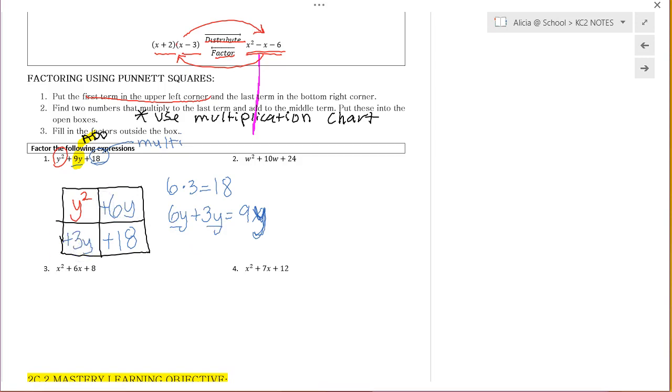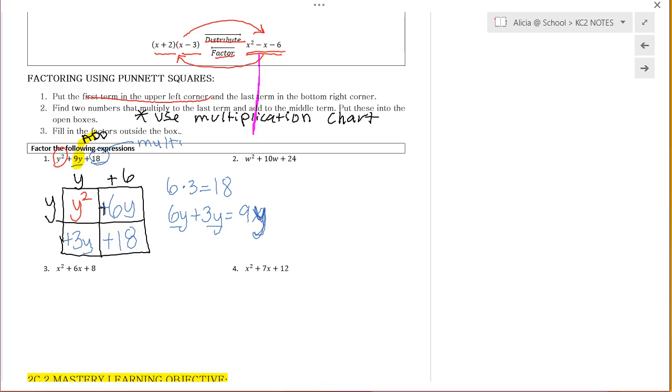Now I want to go backwards and figure out what the sides of my Punnett square box are. How did I get this y squared? That would be y times y. How did I get this plus 6y? If I already have a y there on the far left, I have to be adding 6 here because 6 times y is 6y.